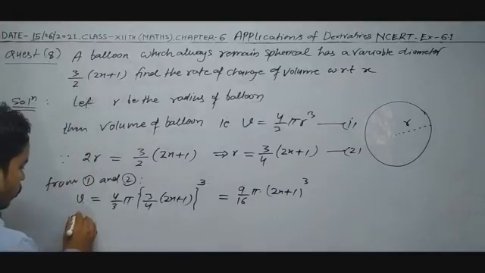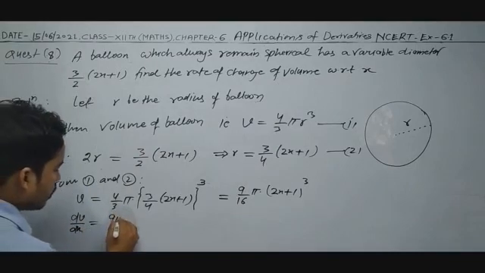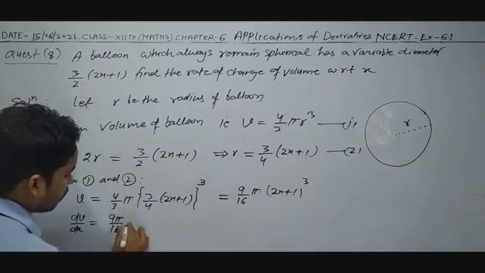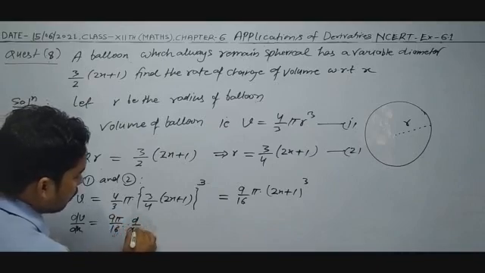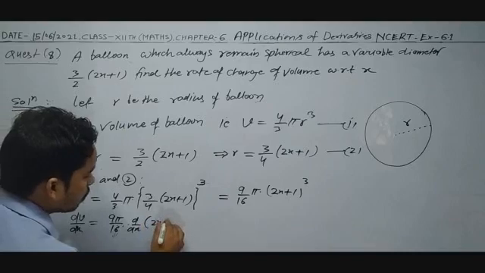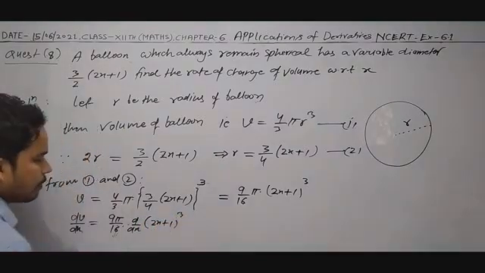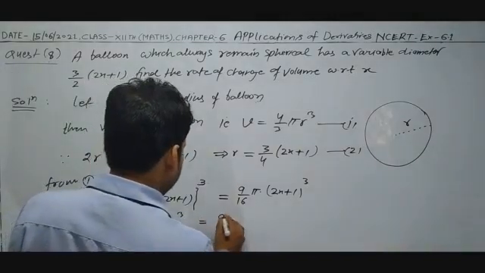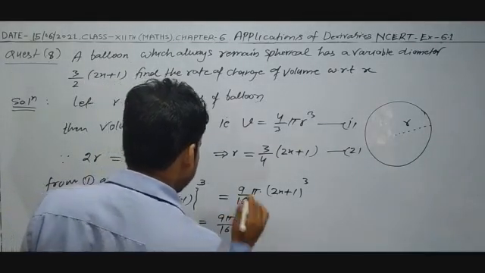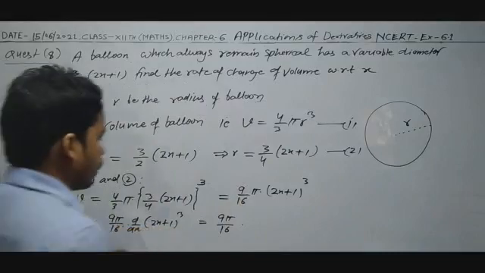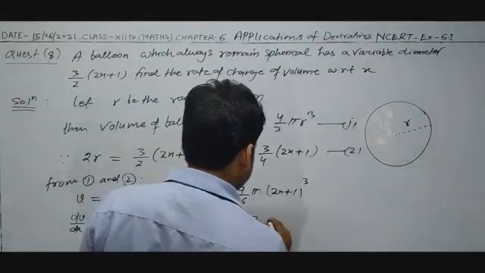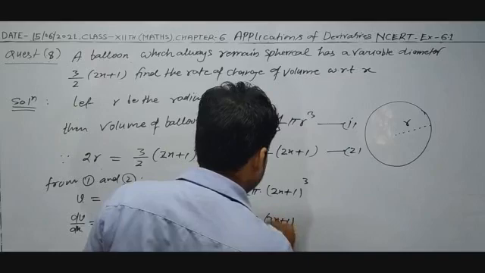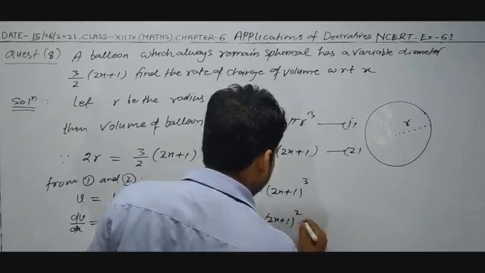Suppose you are going to calculate dV by dx, then the result will be 9 pi by 16 d by dx of (2x plus 1) power 3, and its result will be 9 pi by 16 into 3 times (2x plus 1) power 2 with a 2.